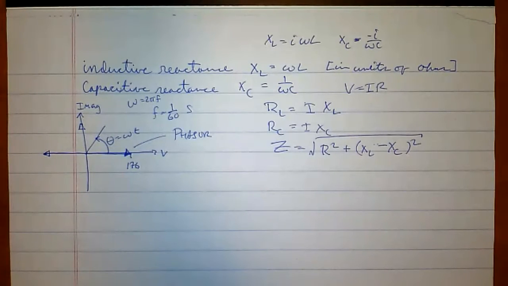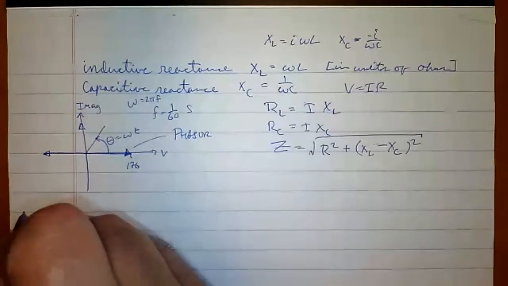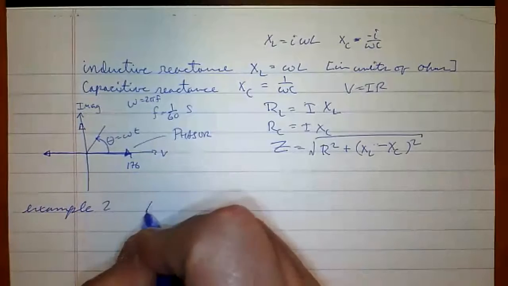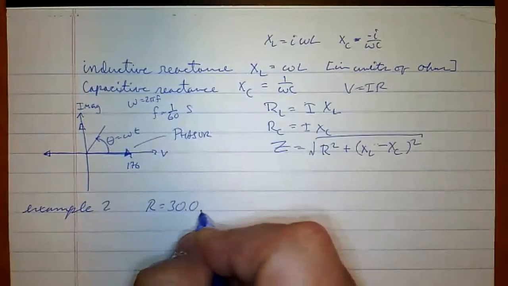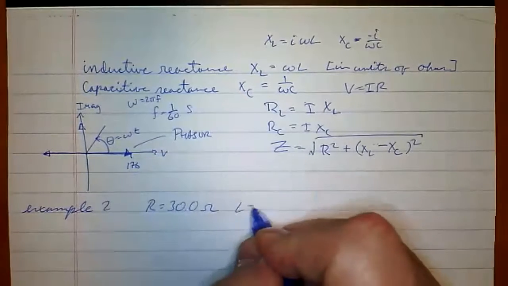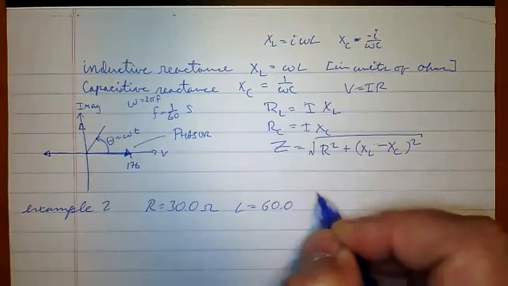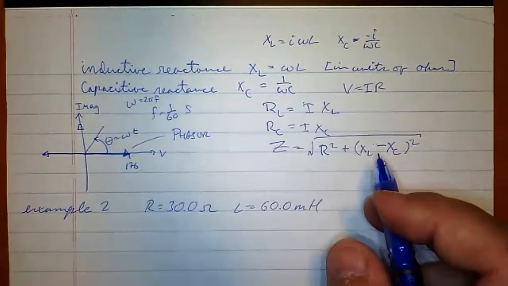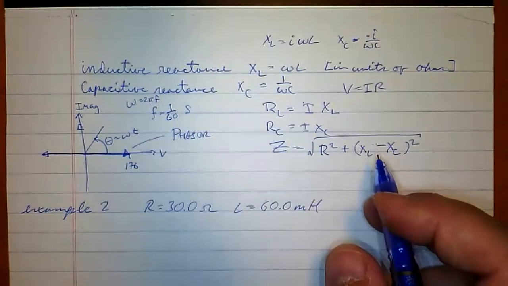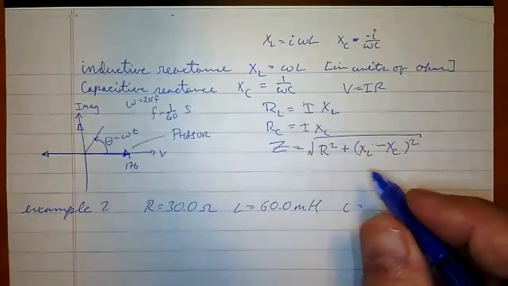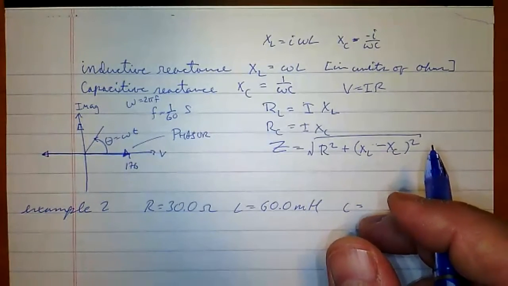So let's suppose we have a resistance equal to 30 ohms. So this is example 2. We got R equals 30.0 ohms. Let's say we have an inductance equals 60.0 millihenries. And let's say we have a capacitance of, I like to keep all these multiples of each other so it works out kind of nicely.